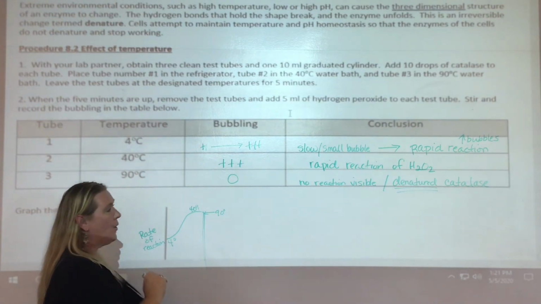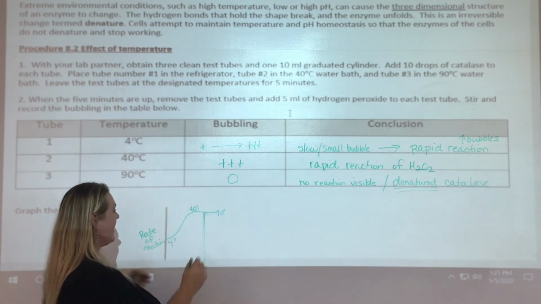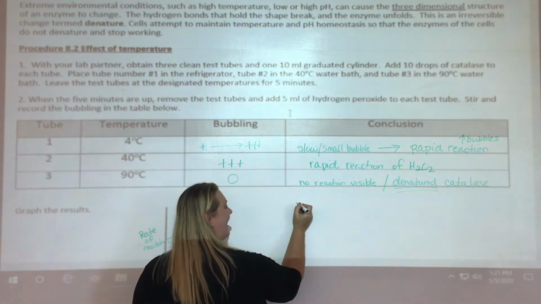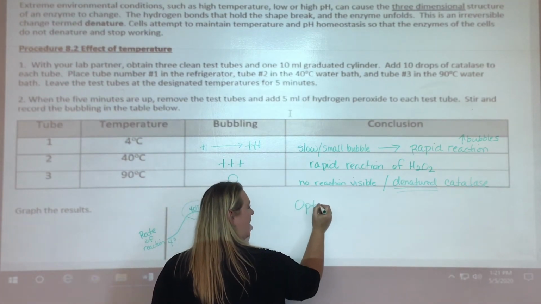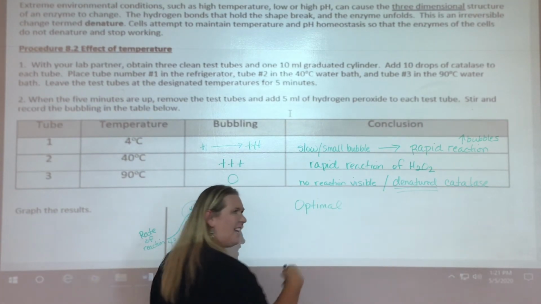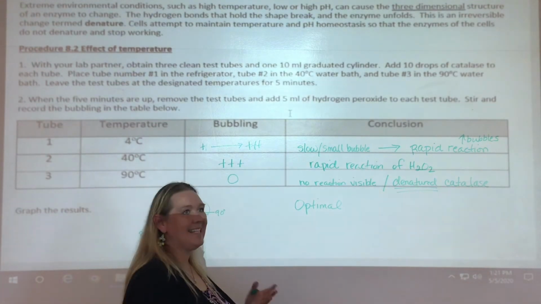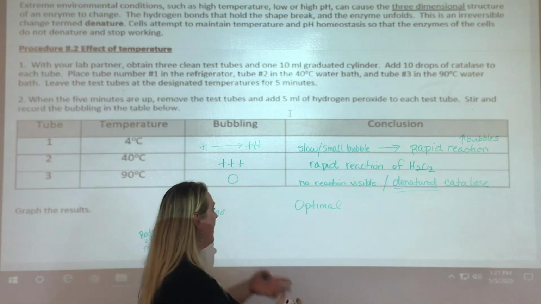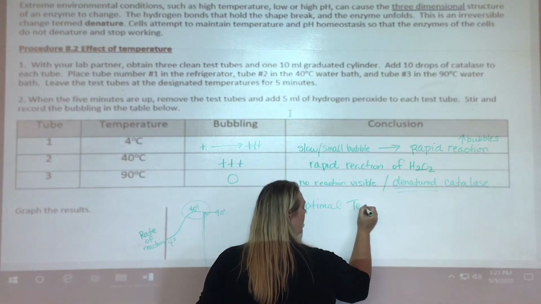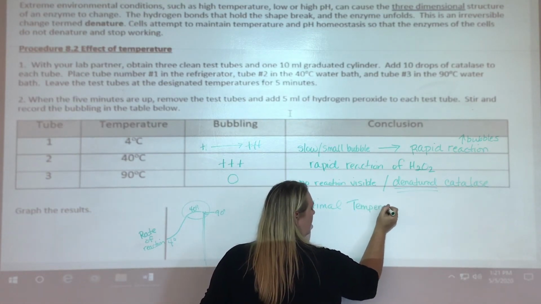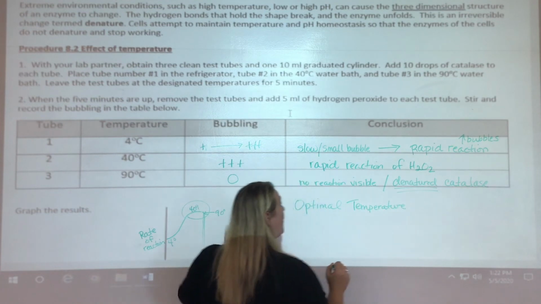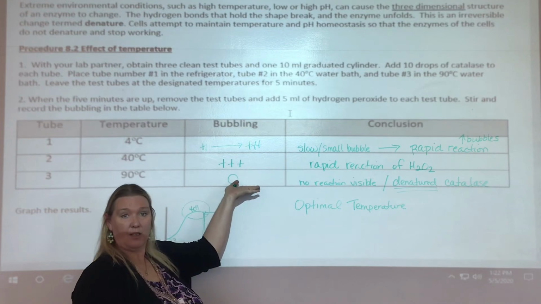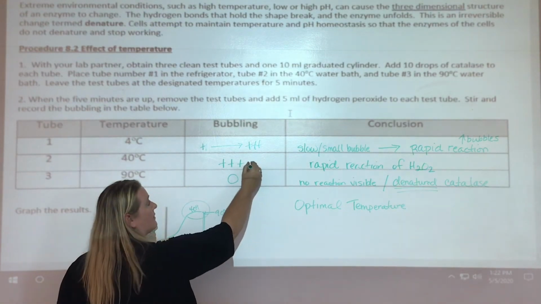Okay? So what that means is this enzyme likes to work somewhere close to there. Likes to work means it has an optimal, it has a preference, okay? It has an idea, or it's structured to work at a certain temperature, okay? So optimal temperature for catalase, this enzyme, is somewhere, for our reaction, the only information we have would be somewhere close to here.